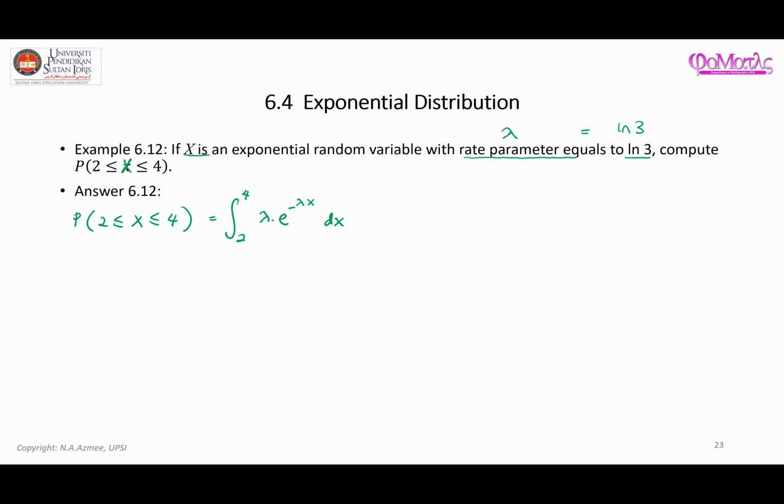And what is lambda? Lambda is ln 3, so we can substitute that: ln 3 e to the negative ln 3 times x dx.